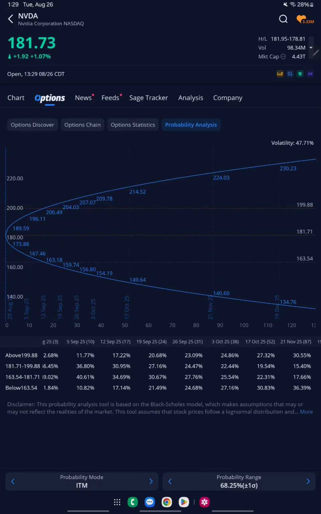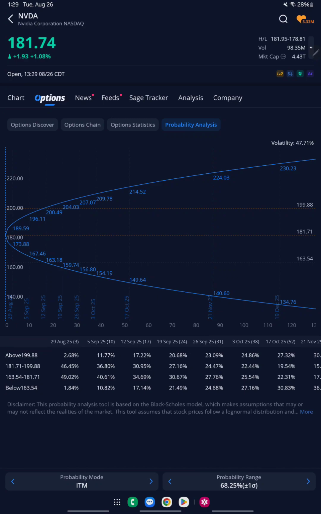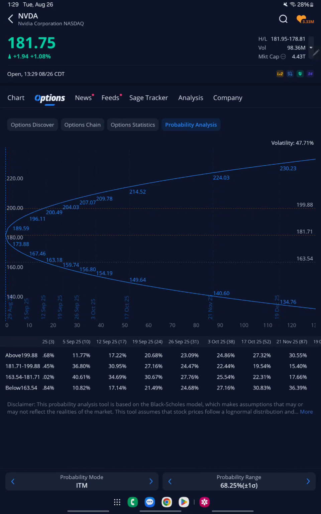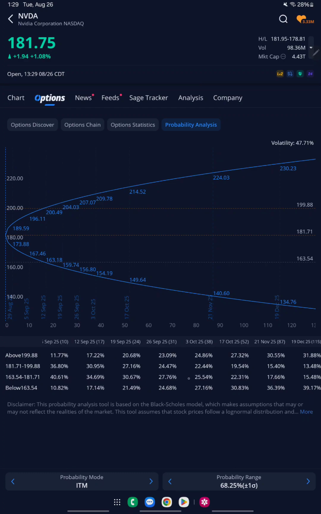So what does this tell us? Let's say I'm bullish and I want to buy calls, right? So I say, okay, let me try to find a good expiration date for the 200 strike. Well, the chart here brings in a great deal of information. Let's focus on these last two here, November 21st versus December the 19th.